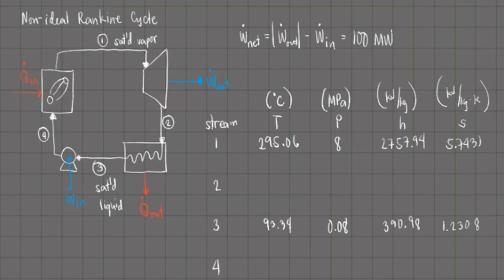In this case, we have to use the given value for the isentropic efficiency to estimate entropy 2 and entropy 4. From our previous discussions, the isentropic efficiency of a turbine is equal to the actual work over the isentropic work. In terms of the enthalpies, this is (H2 minus H1 actual) divided by (H2S minus H1). H2S is the specific enthalpy of stream 2 under isentropic conditions.